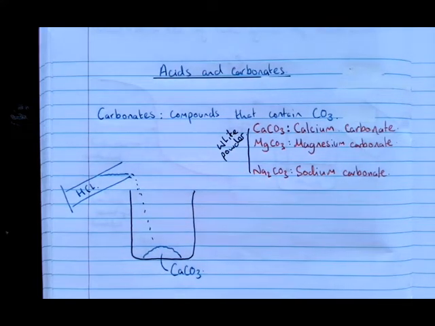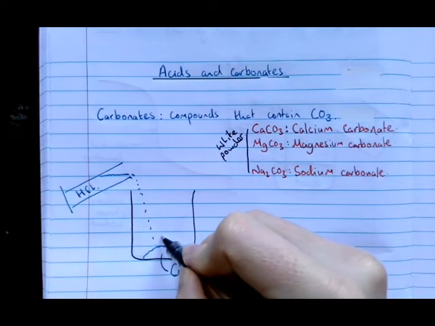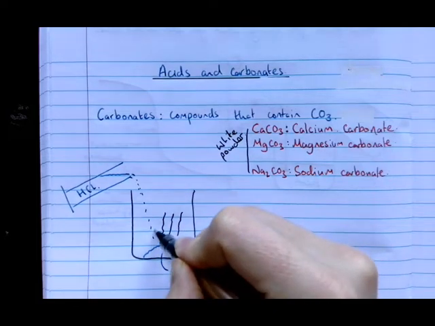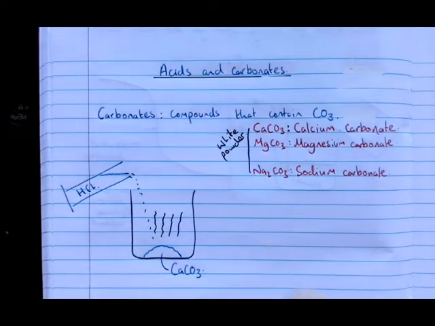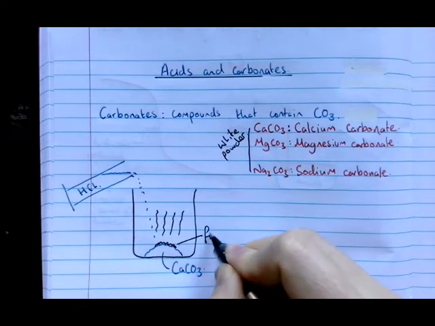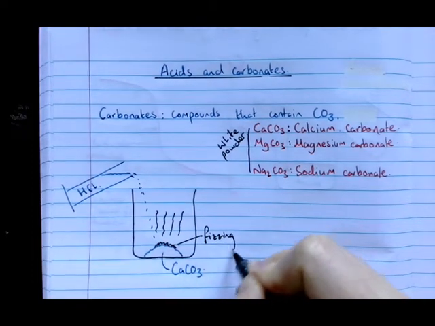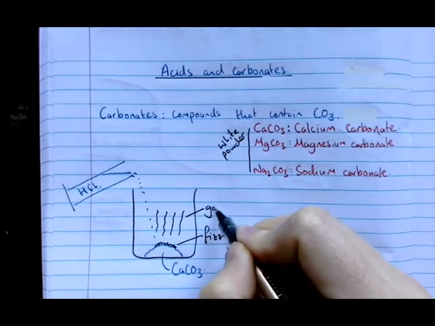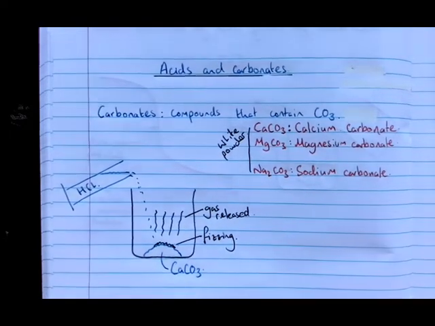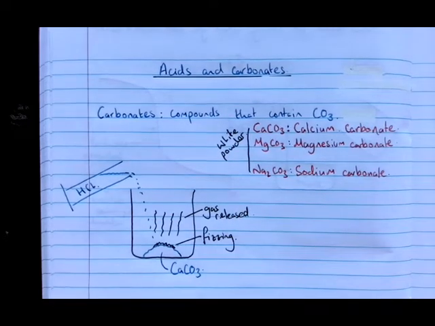Now, usually in the lab, I would do this reaction, and you would be able to see fizzing, and you would see a gas coming off. Now, the reason it fizzes is because the gas is released.